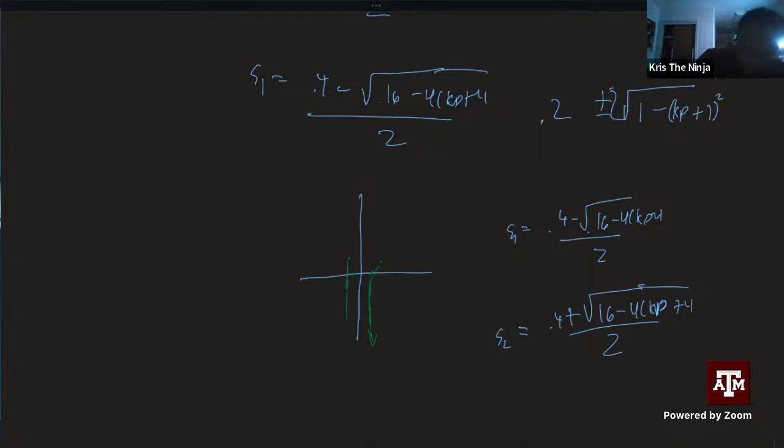Let's say we have a really large KP, like 12, 16 times 4 is 64, which gives you negative 48, negative square root of 48. That's just going to keep climbing up that negative imaginary value, but it's going to stay consistently at that real part. So we know the root locus is going to go up like that.